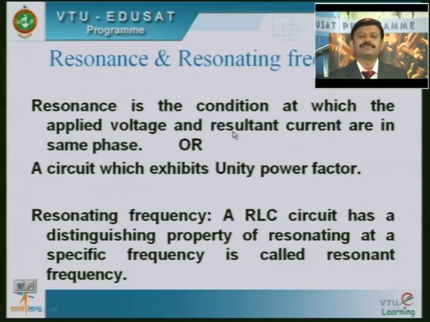This condition exists whenever the reactance becomes 0. That means inductive reactance and capacitive reactance cancel each other. Then the only remaining factor in the circuit is resistance, and only then are we getting the condition of resonance.